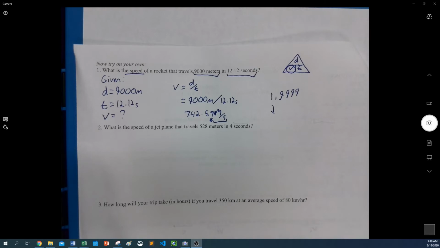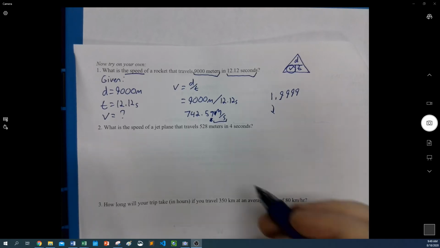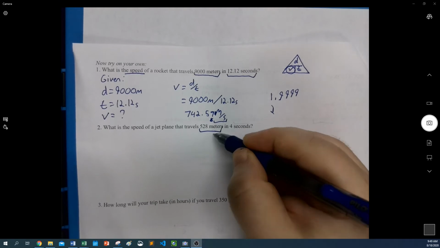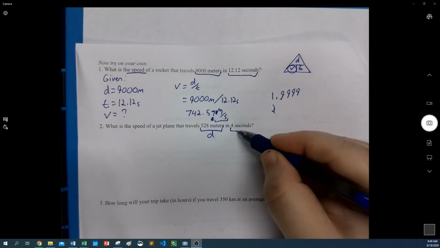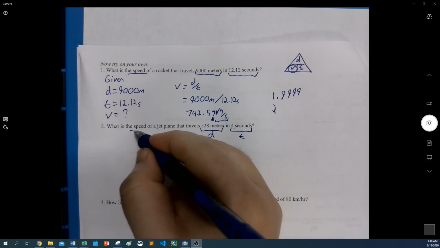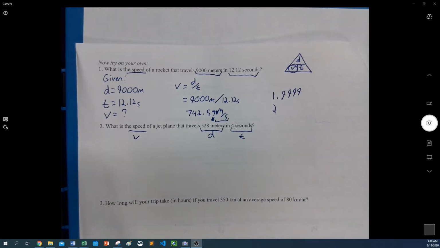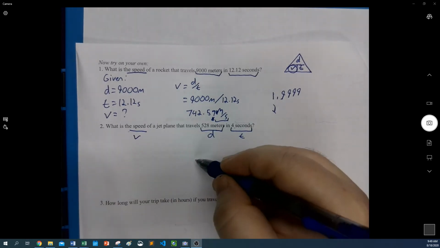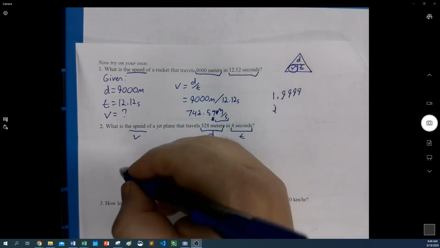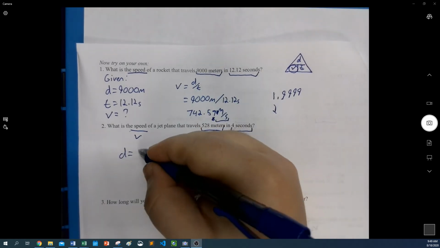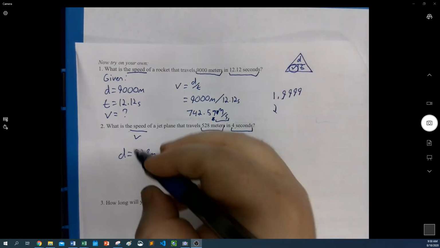So what is the speed of a jet plane that travels 528 meters in 4 seconds? So we have the distance d, our time, and we're looking for v. So again, d is equal to 528 meters.